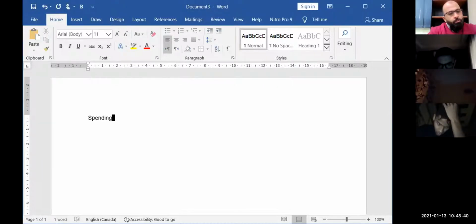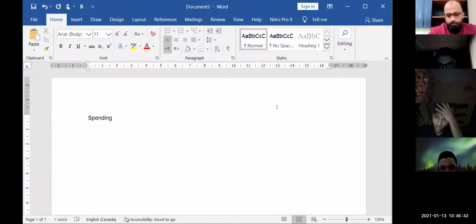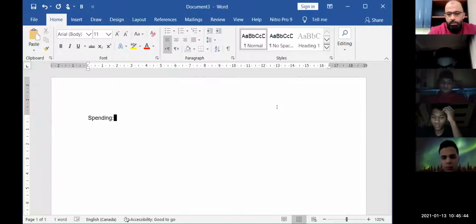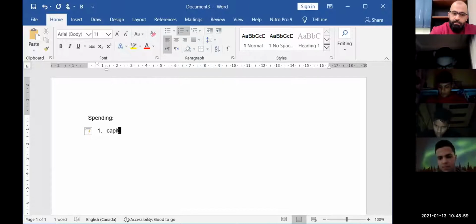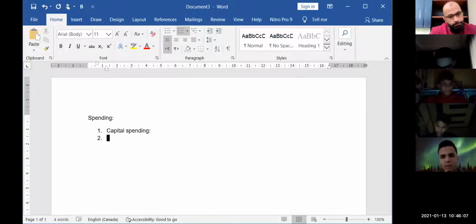We agreed that all companies spend money, right? But this amount of spending that any company, whether small or big, is spending every day, what type of spending do we have for any company? Number one, we have capital spending. And number two, recurrent spending.